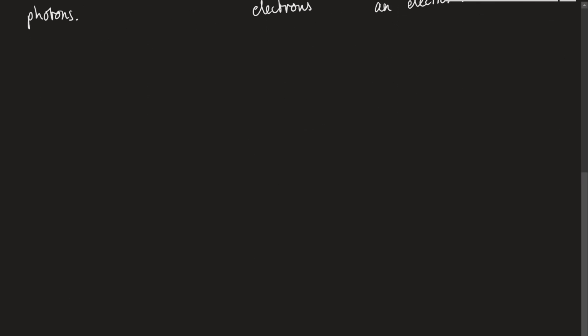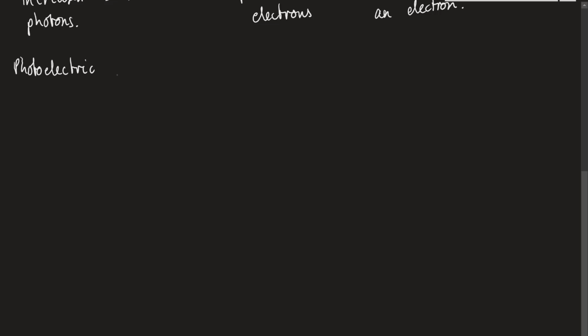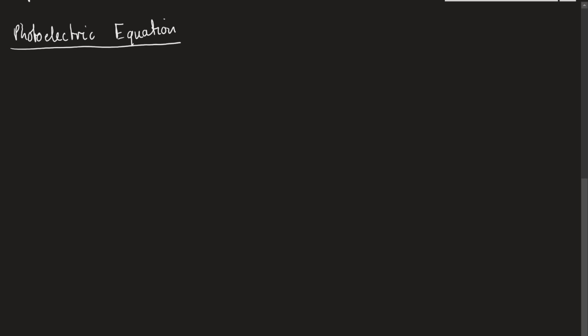Okay, so the photoelectric equation is quite a simple equation actually. It looks scary because it's got loads of Greek symbols, but it's actually nothing too complicated. So what the photoelectric equation says is essentially energy is conserved, right?